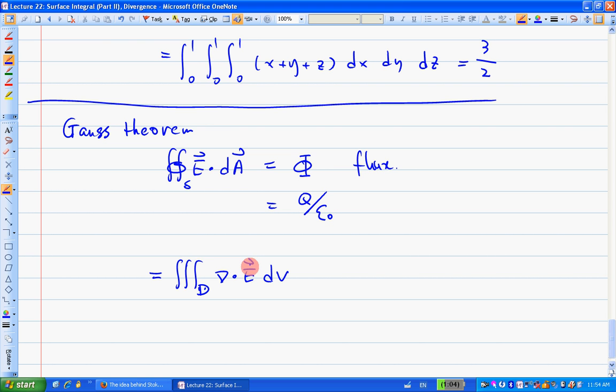This del dot E, essentially you can write it as rho over epsilon naught. The rho is called the electric charge density. Integrating the electric charge density over this whole region D, you get the capital Q. So that's Gauss's law.